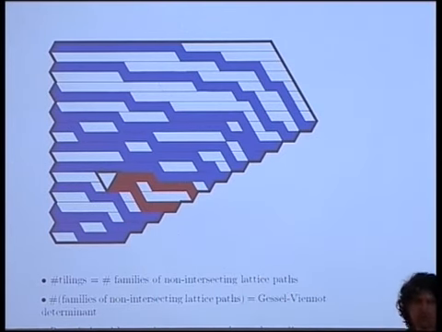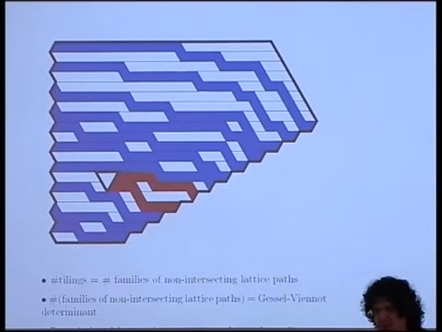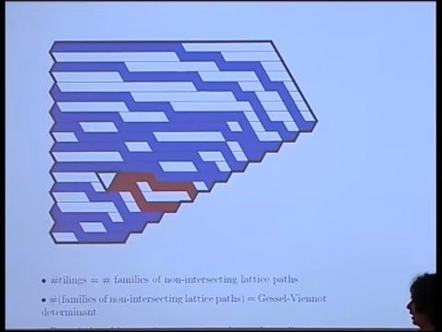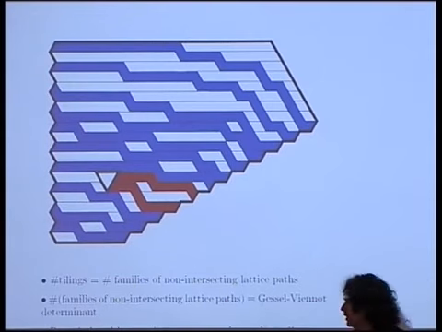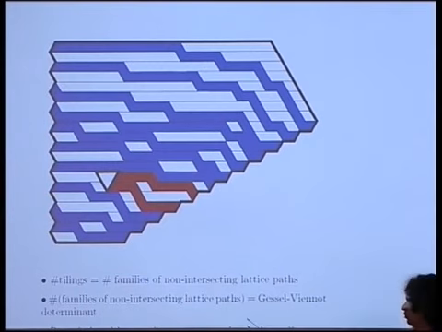And then I just follow lozenges in my tiling. And then I get these non-intersecting paths of rhombi. So it's a bijection. Tilings are in bijection with these families of non-intersecting paths. And more to the point, the crucial thing is that families of non-intersecting paths are determinants, Gessel-Viennot determinants.